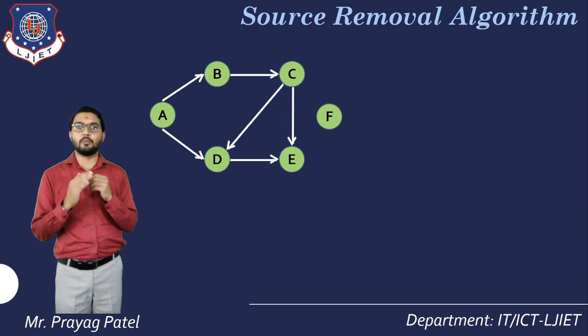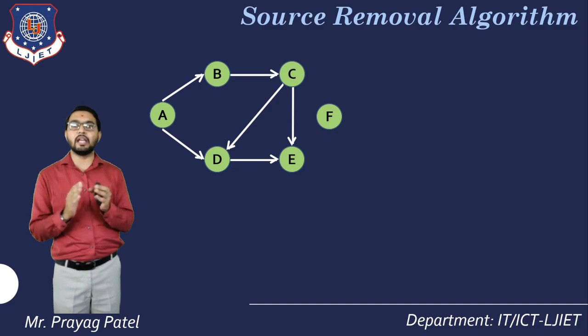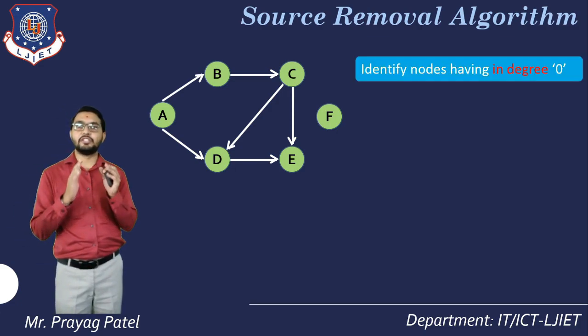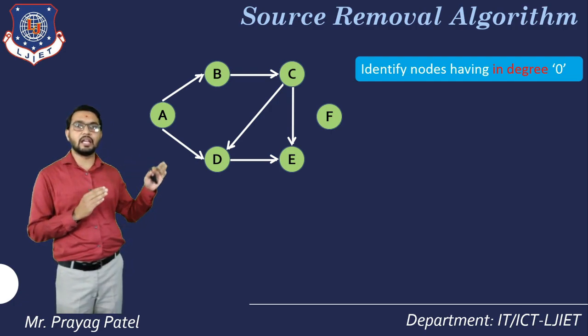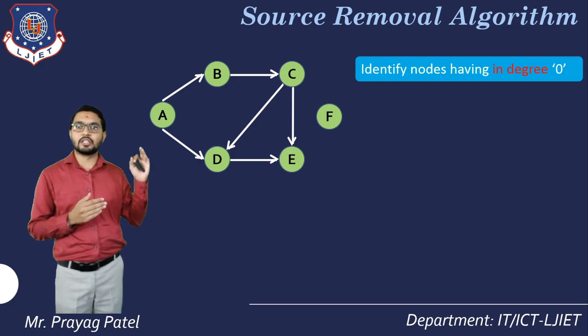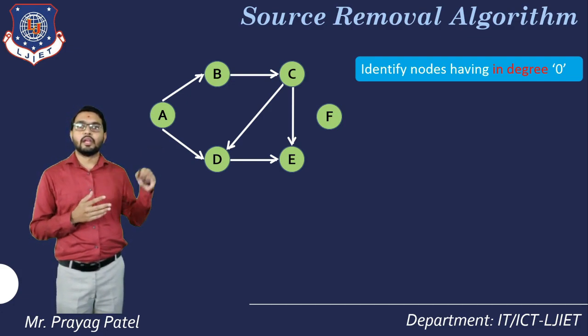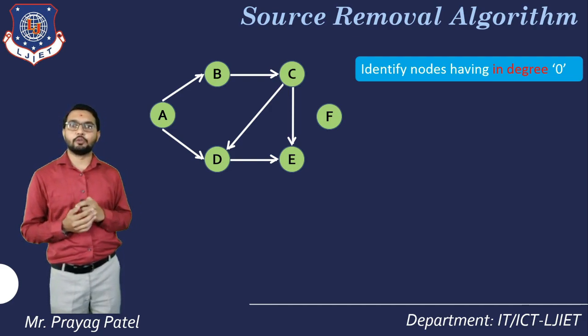In the source removal algorithm, first we find the in-degree of each and every node, and nodes with in-degree 0 are the initial nodes. So in-degree of A equal to 0, in-degree of B equal to 1, in-degree of C equal to 1, in-degree of D equal to 2, in-degree of E equal to 2, and in-degree of F equal to 0.